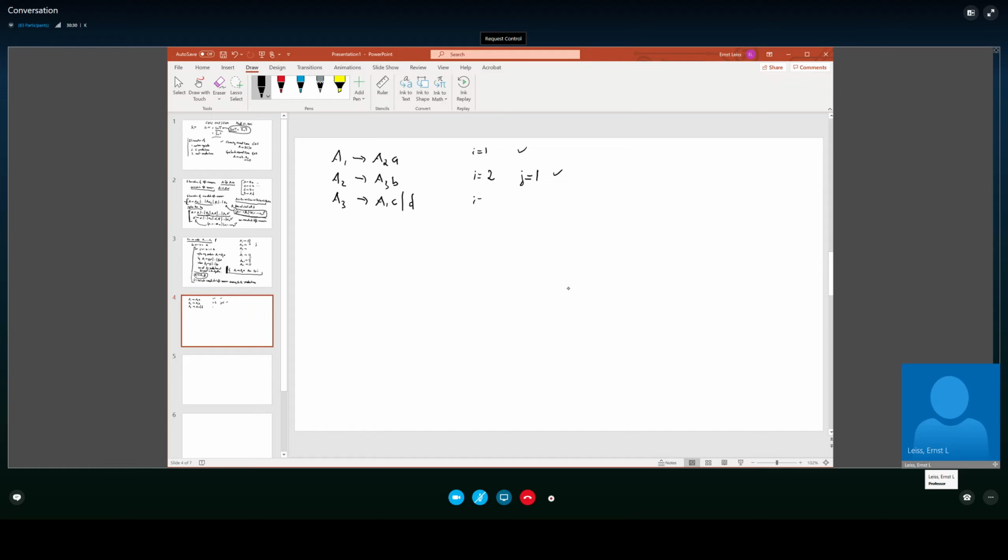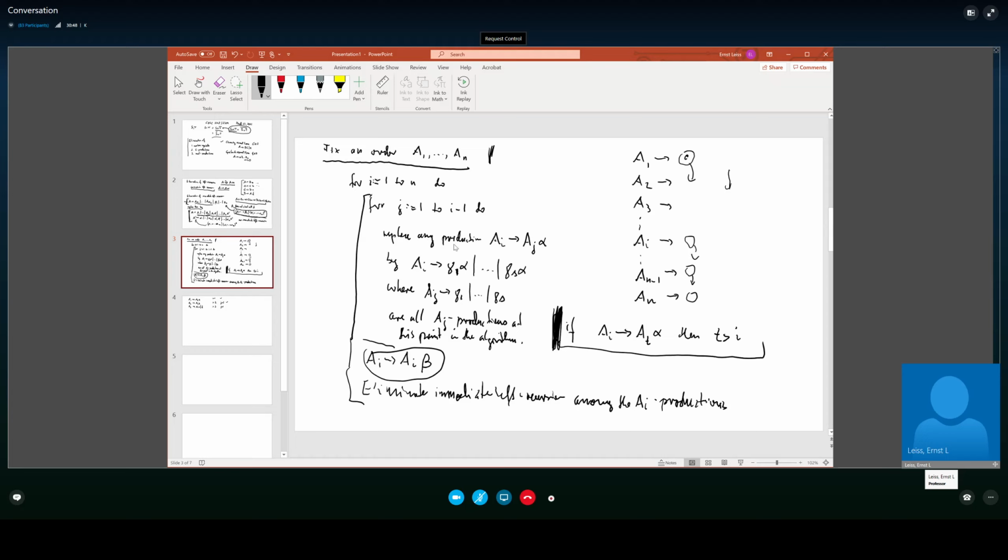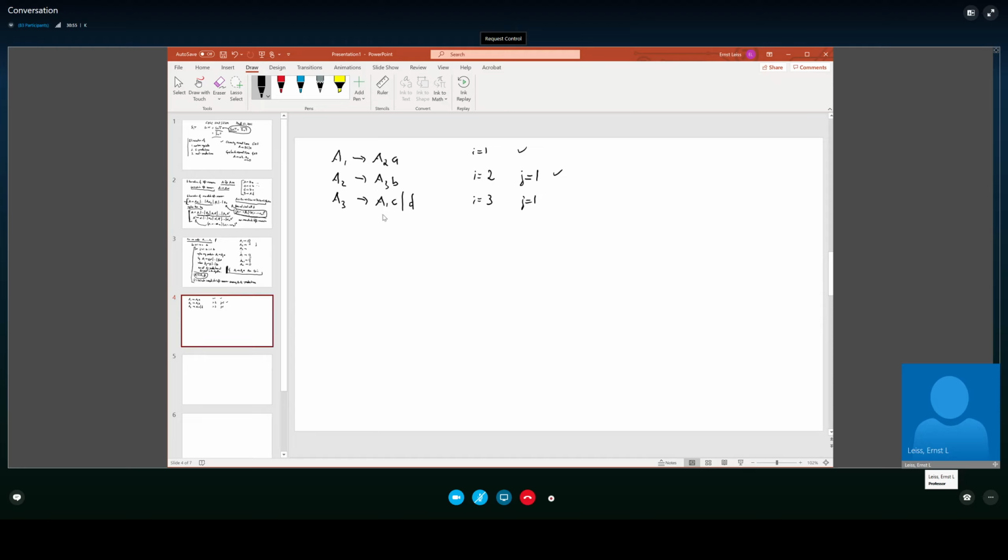So we proceed to i equal to 3. And so the first case is j equal to 1. And yes, there is an A3 goes to A1. So this is exactly what we're trolling for in that j loop. Replace any production Ai goes to Aj alpha. In this case, A3 goes to A1 c. And we replace that by what?